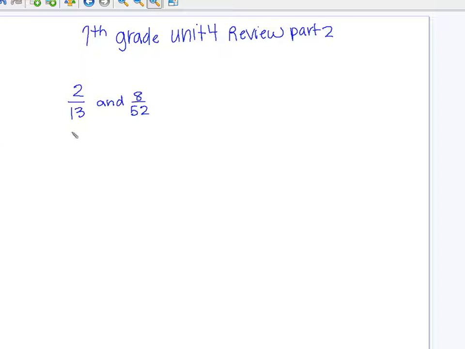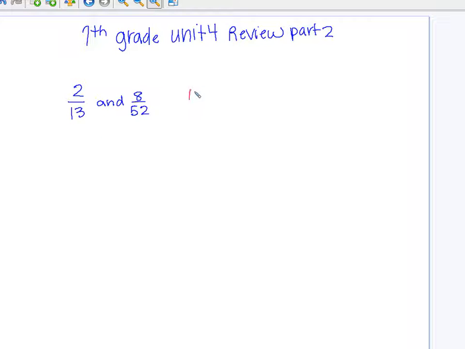And there are a couple ways you could figure out if something's proportional. You could figure out the unit rate, take the top divided by the bottom, take the bottom divided by the top, and if they do it the same way, and if it comes out to be the same, then they are.